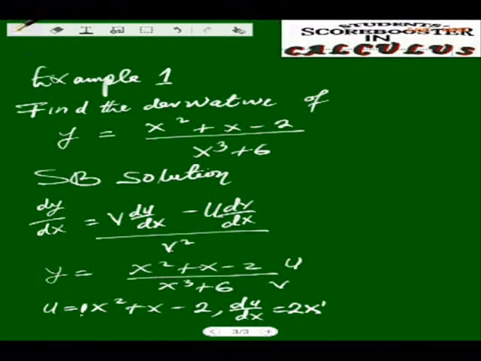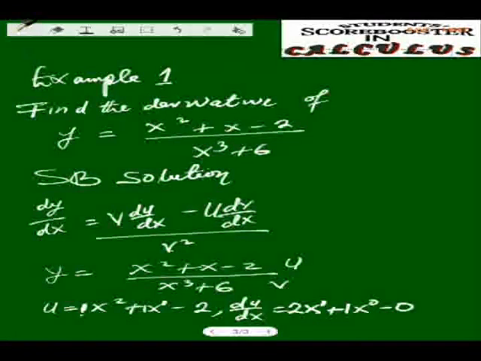So 2 minus 1 is going to be 1, plus to differentiate this x, it is going to be 1 times 1, which is 1, then x raised to 1 minus 1, that will be 0, minus whatever is constant, the derivative is 0.